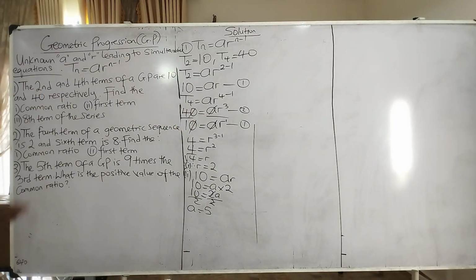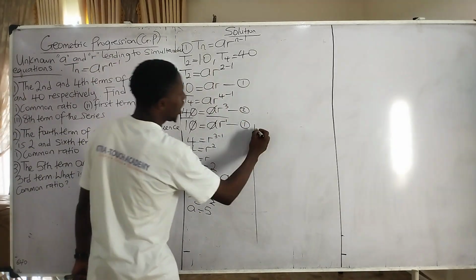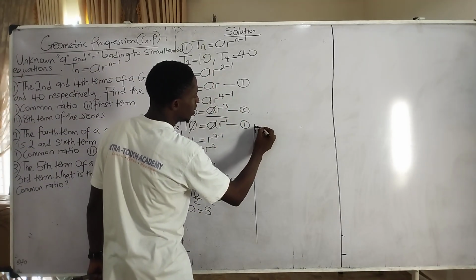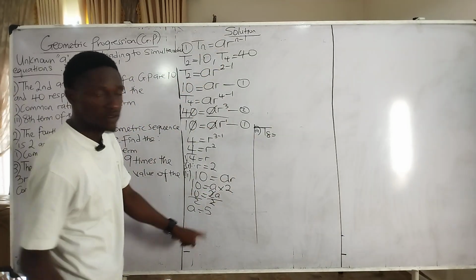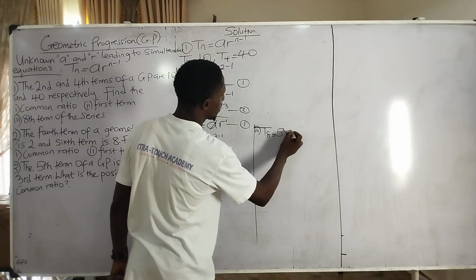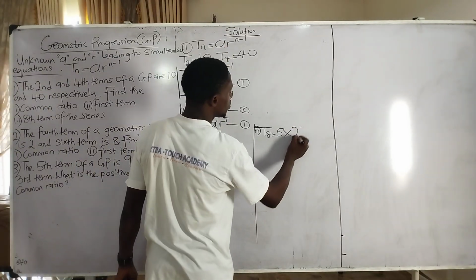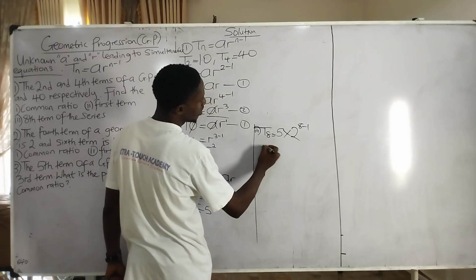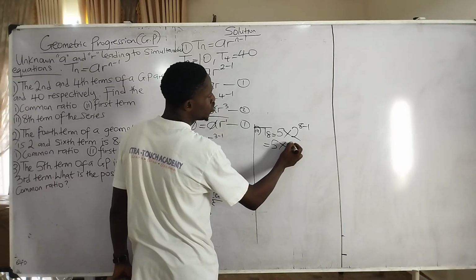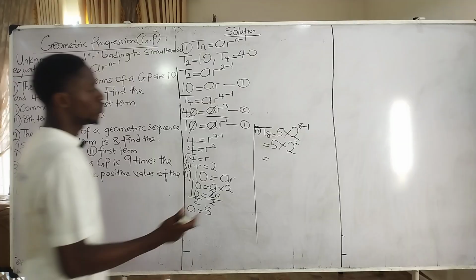Then going to the next one, we are told to find the 8th term. So still using this formula, our T8 is equal to, we got the first term as 5. This is 5 times, we got the common ratio as 2. 2 raised to the power of, our n is 8. 8 minus 1 is equal to 5 times 2 raised to the power of 8 minus 1 is 7. So what does this mean?